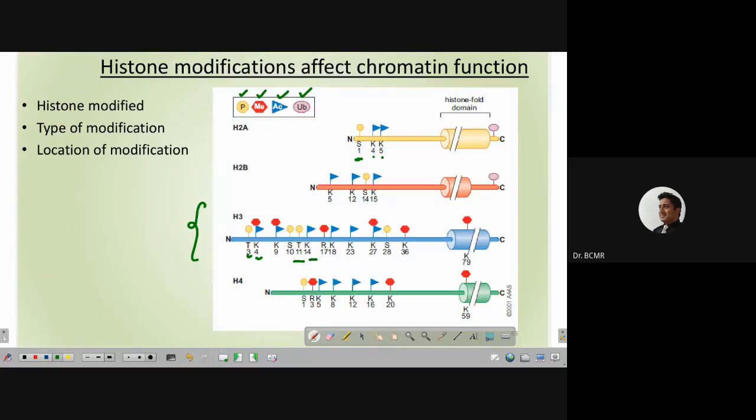And here is arginine. R is for arginine here. So that is what you would want to remember for the moment. And there will be the type, which histone is modified, what is the modification, and at which position of the histone tail is modified, and how many modifications are there. All this cumulatively will determine what happens at that part of the genome. Right now, just remember about the modifications.